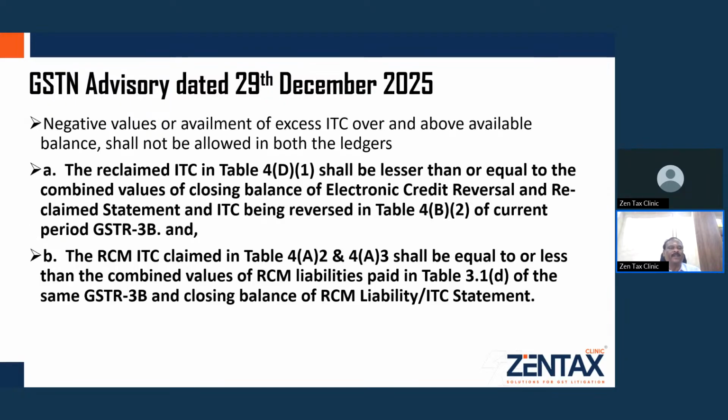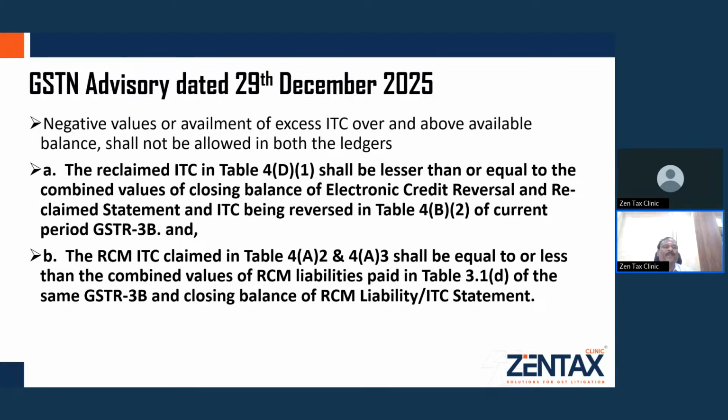What we wanted to highlight is the GST advisory dated 29th December 2025. Now they say negative values or availment of excess ITC over and above what is available shall not be allowed in both the ledgers, that is the electronic credit reversal and the RCM liability and ITC registers.